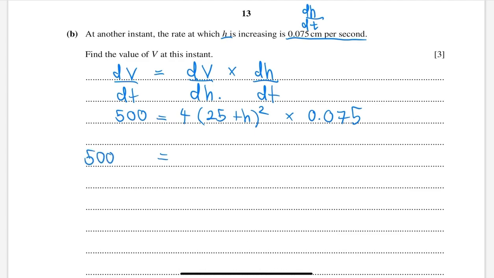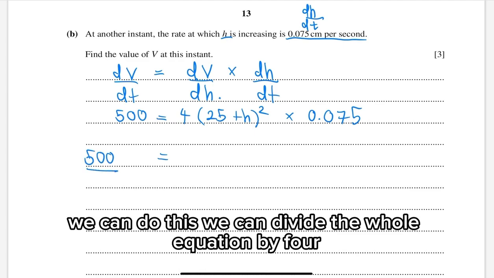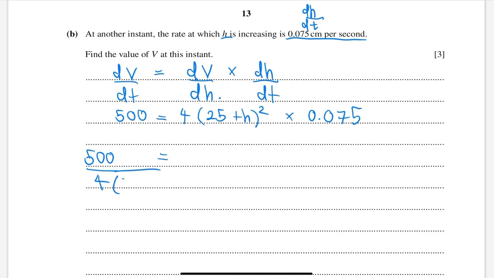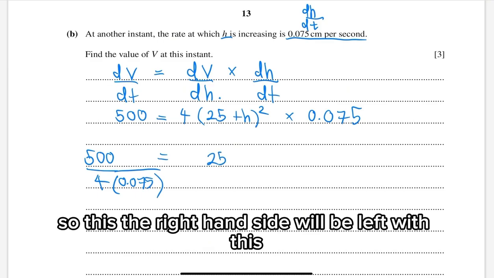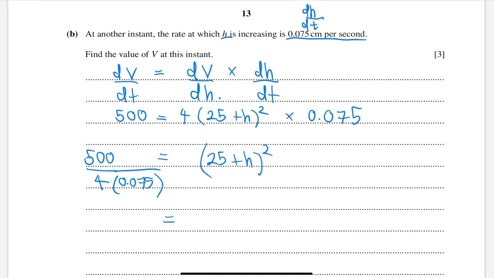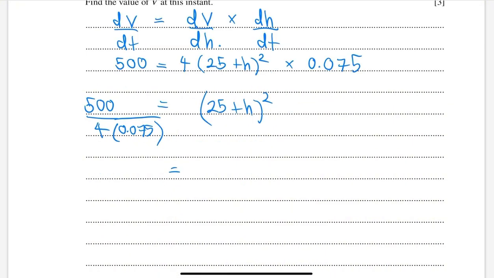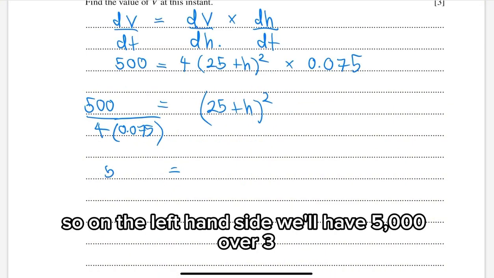So we can do this. We can divide the whole equation by 4 times 0.075. So the right hand side will be left with this, and on the left hand side we'll have 5,000 over 3.